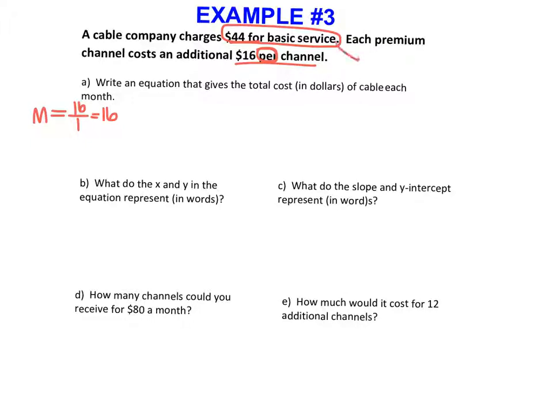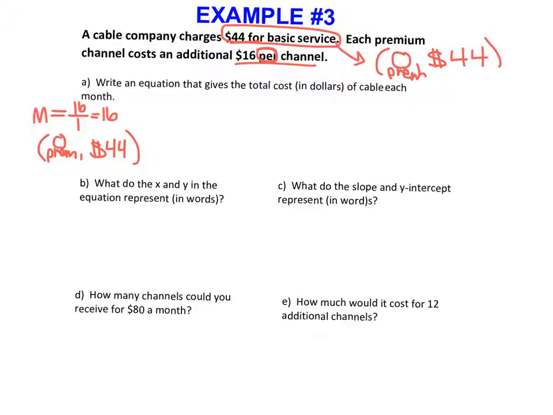This really represents a point. This is really saying that when we have 0 premium channels, our cost is $44. So they've actually given us a slope with the 16 and a point with 0 premium channels costing $44. Remember, cost always goes in our y coordinate spot.